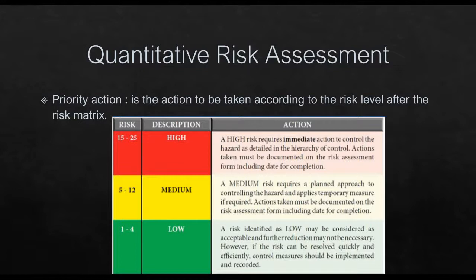But as we can see, for high level, medium level, and low level risk, all the action must be recorded. For what? Because this record data is very useful for the next HIRARC process implementation.